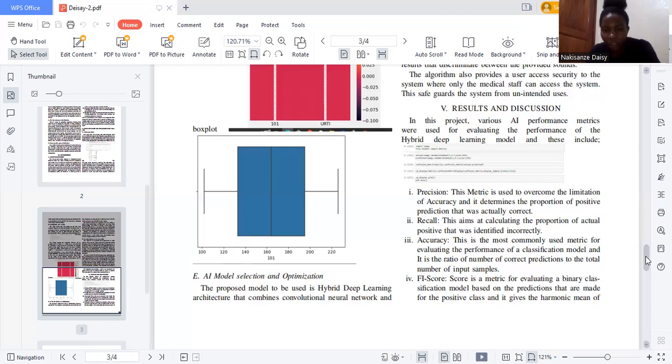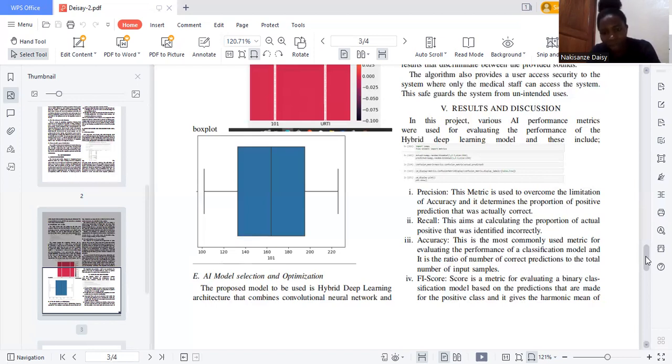We have recall, which is almost the same as precision, but it calculates the proportion of actual positives that were identified incorrectly.